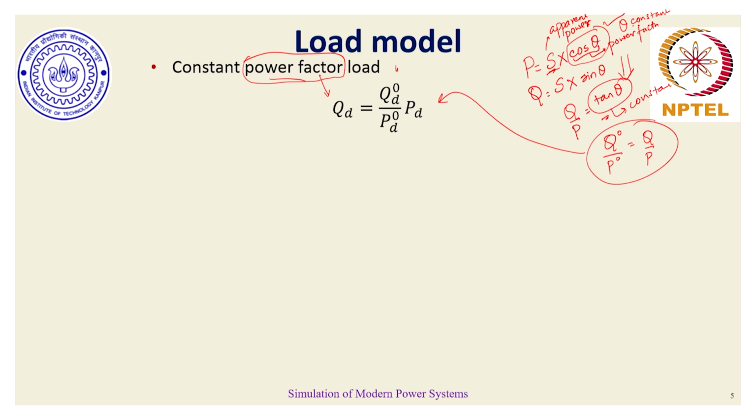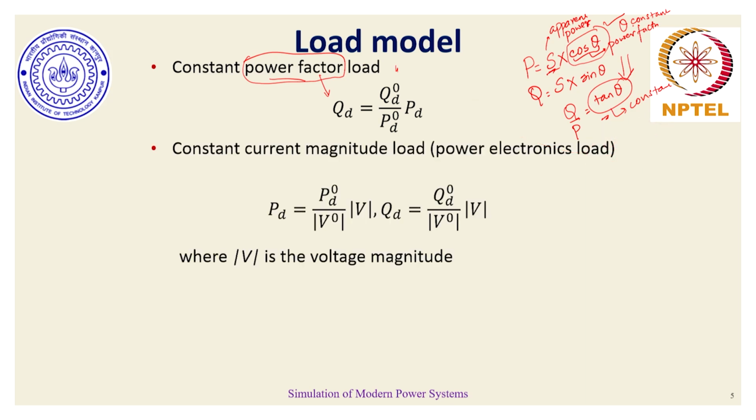Moving on to a little more practical loads, we can also have constant current loads, I would say constant current magnitude loads, because we are talking about AC quantities. AC quantities tend to have their own magnitudes and phase angles in phasor notation. If we have a constant current magnitude load, which often is the case for power electronic loads like low consumption charging devices, then, as I mentioned in the previous few slides, power by voltage is nothing but current.